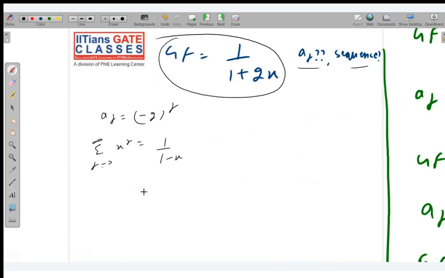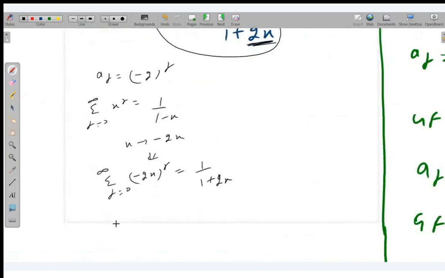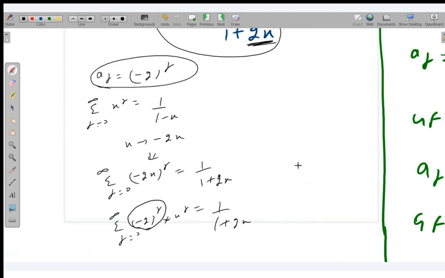Now we want 1 plus 2x, so I will replace x by minus 2x. Then sigma r equals 0 to infinity (minus 2x) power r is 1 upon 1 plus 2x. So sigma r equals 0 to infinity (minus 2) power r into x power r is 1 upon 1 plus 2x. So the numeric function is (minus 2) power r, and we have written here that a_r is minus 2 power r.